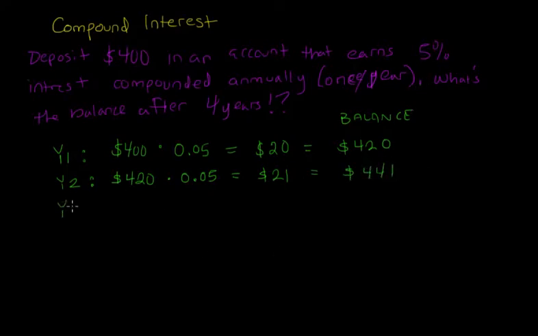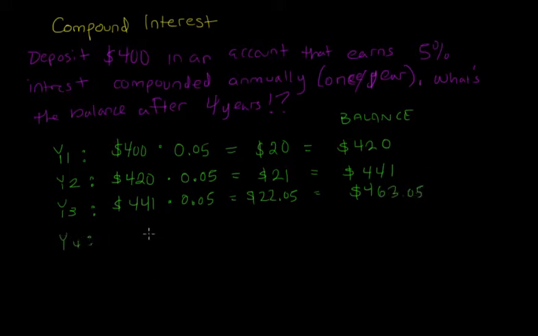On year three, well then now you are starting with 441. It gets compounded at the beginning of the year. Times 0.05 equals, and the interest here would be $22.05. So we're at $463.05. At year four, this is the last one.